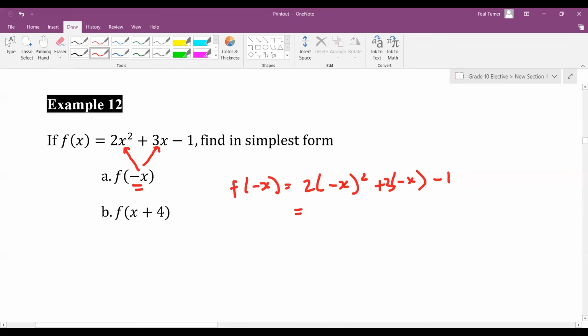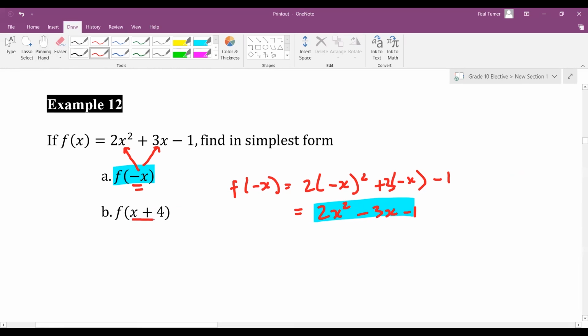This will still have x in it, doesn't matter. So (-x) squared is x squared, so 2x squared minus 3x minus 1. That's your answer. That's it. Nothing else to do here. That's the answer there.